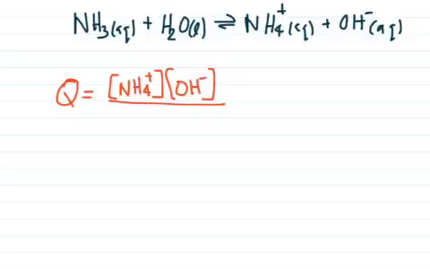But one thing we need to stop for is this water. It's our solvent, and it's also a pure liquid. So we will not see this in our reaction quotient. Let's fill in our last part. So this is our reaction quotient for this equation.